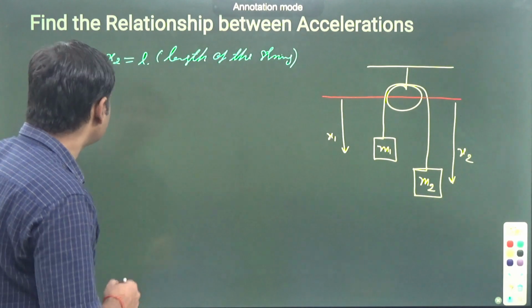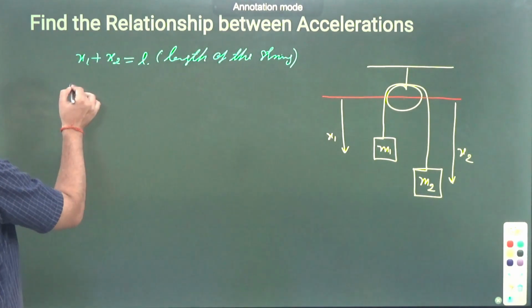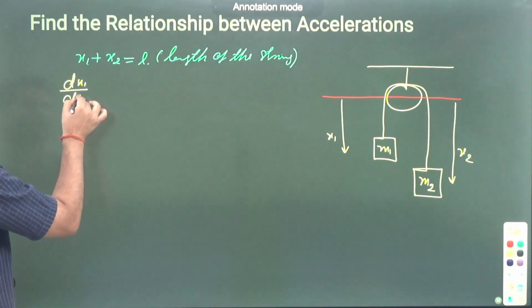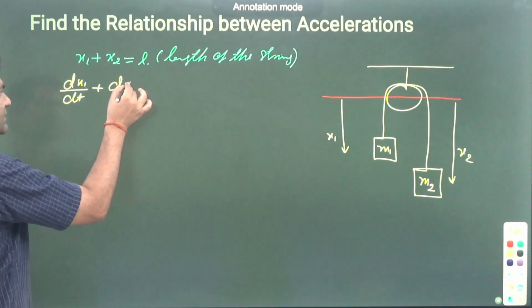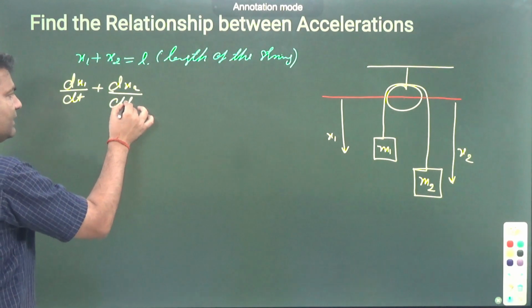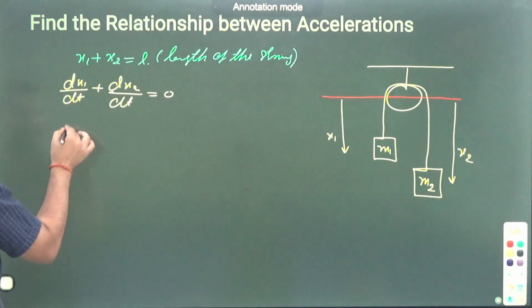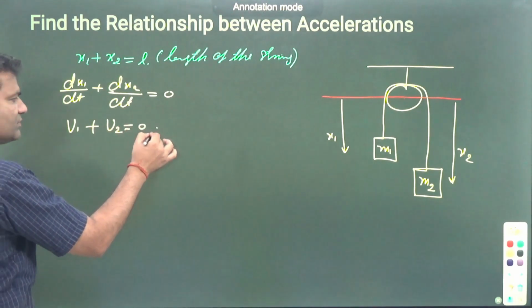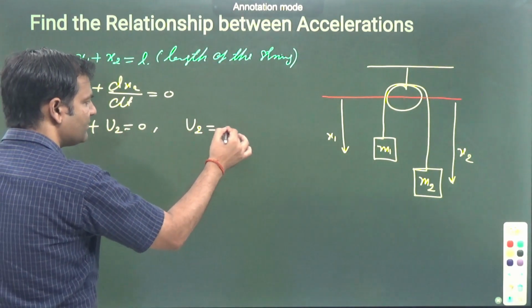Now if we differentiate this equation with respect to t, we get dx1 by dt plus dx2 by dt equal to 0. This is v1 and that is v2, so v1 plus v2 equals 0. So v2 is written as minus v1.